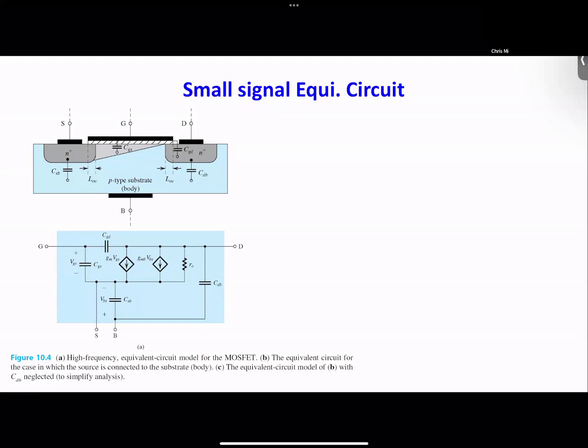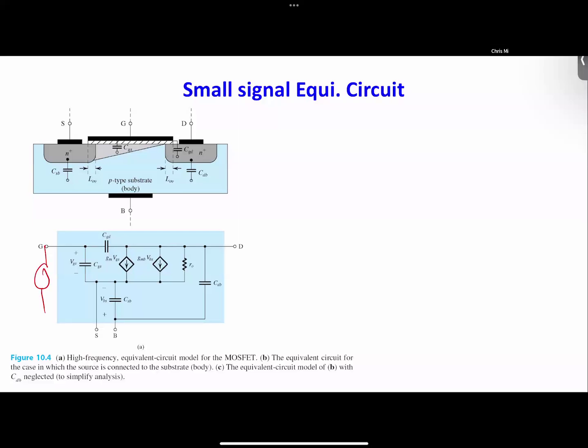This gmb is not the same as gm. So this current is caused by the voltage drop between source and body. And then you have this one here. So we can write nodal equations. Basically, if you look at it, how many nodes do we have?